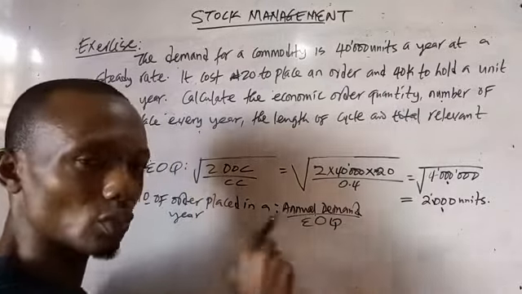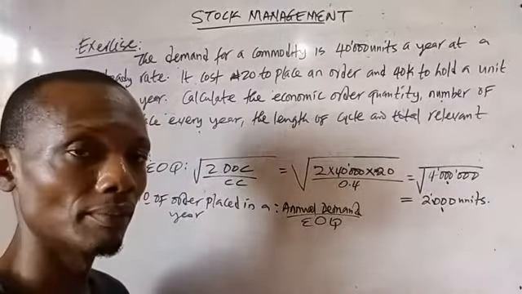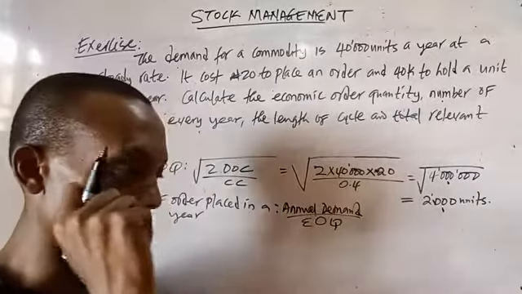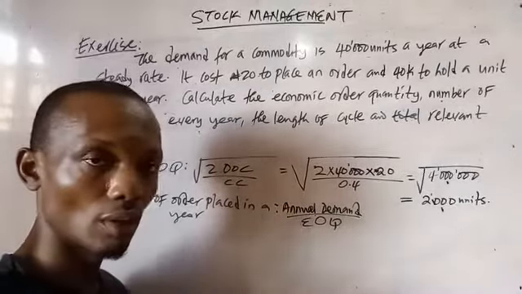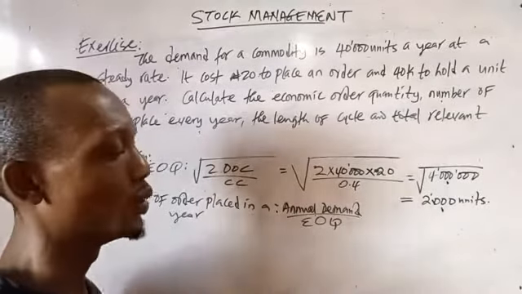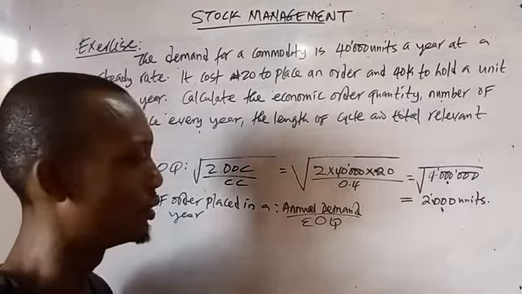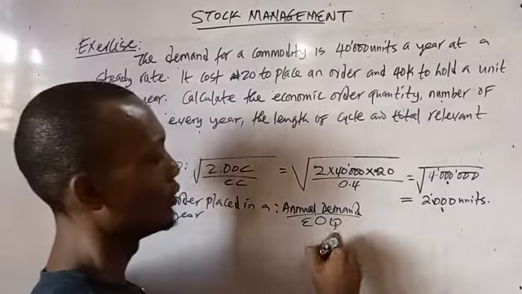EOQ is the quantity you must order each time you order this product from the supplier. So how many times are we going to order? It is annual demand over EOQ.